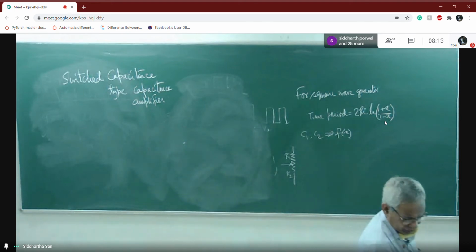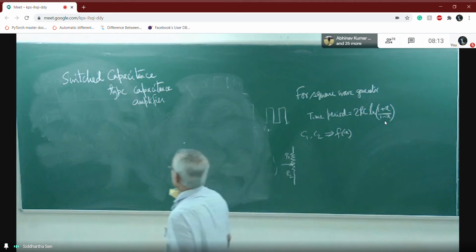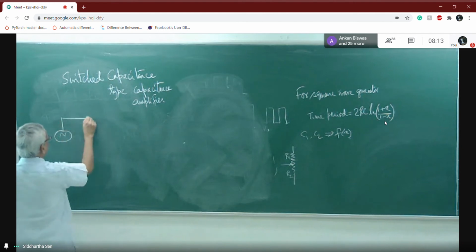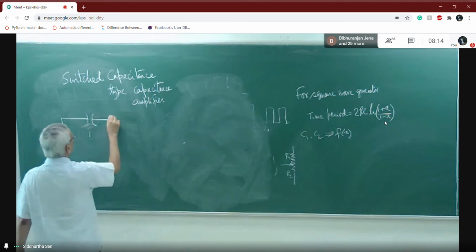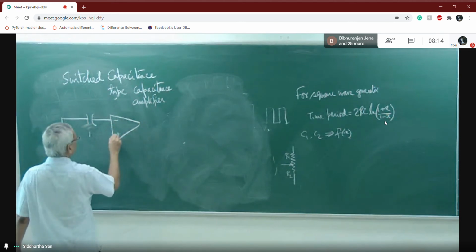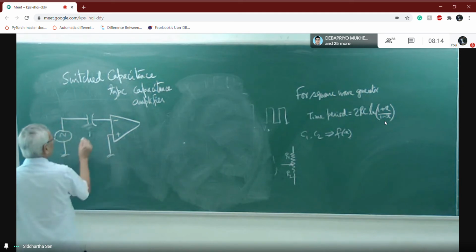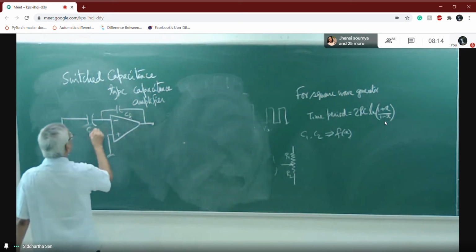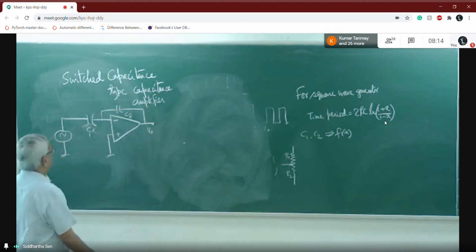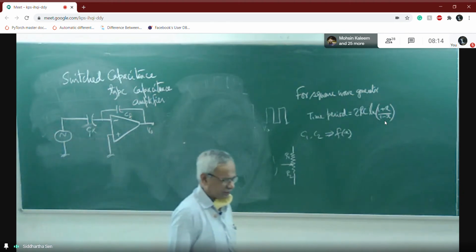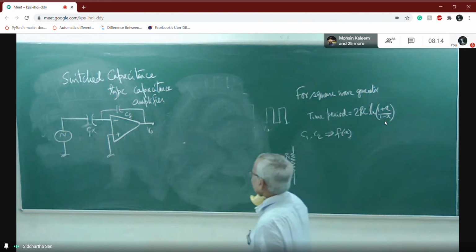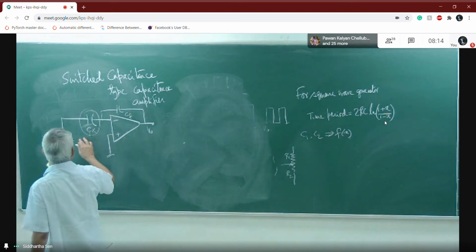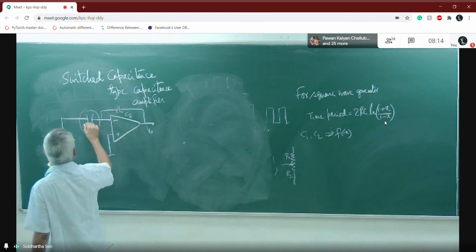If we recall the basic elementary capacitive amplifier for sensing, it was like this. This is your sensor.